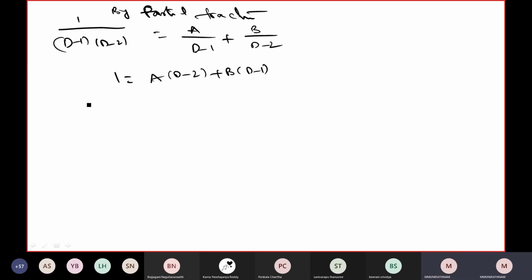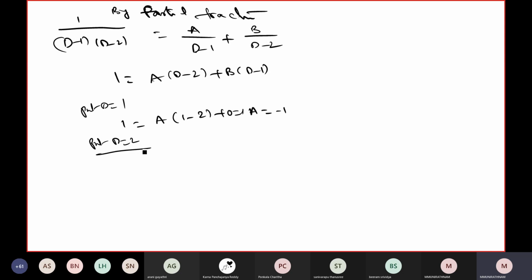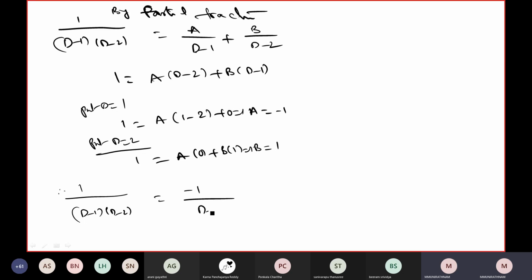What is the value of A? Anyone? 1, sir. A value. Correct. So 1/((D − 1)(D − 2)) will be −1/(D − 1) + 1/(D − 2).